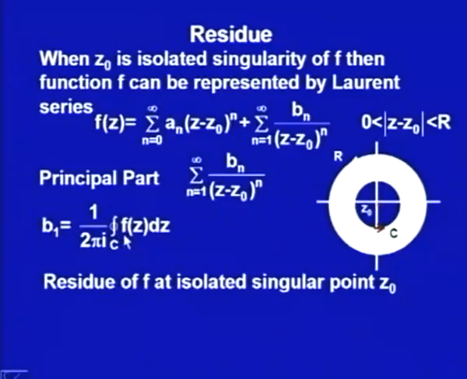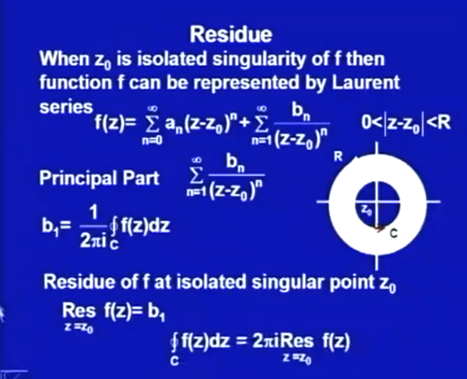So we are having that f(z) has an isolated singular point at z naught, and then we are defining this. Now, rewrite this integral, because in the right hand side we are involving an integral. What we could say is that the integral of f(z) dz on this closed contour C is 2 pi i times b1.